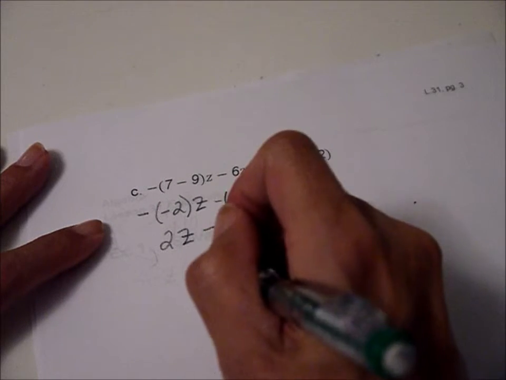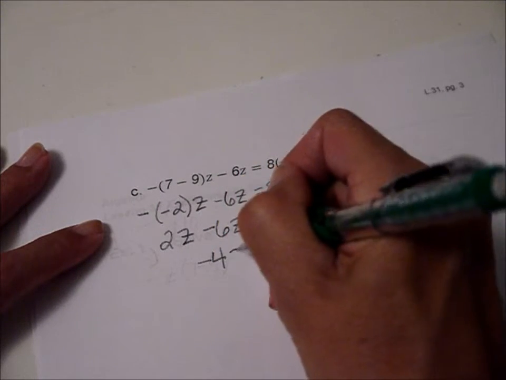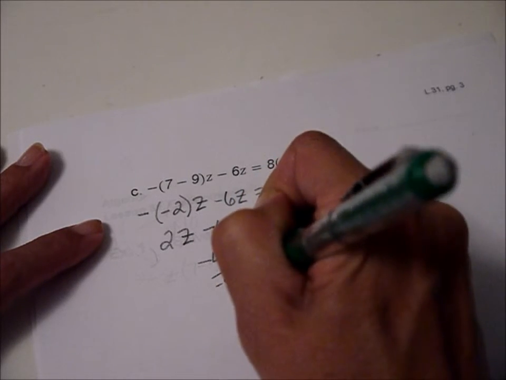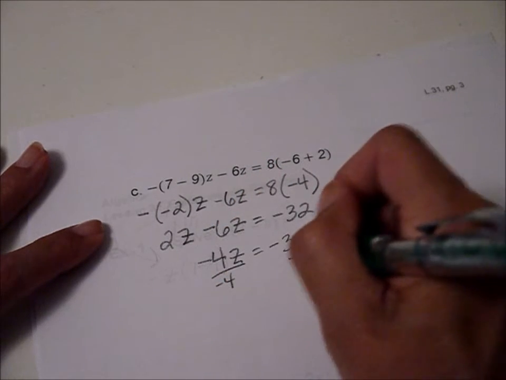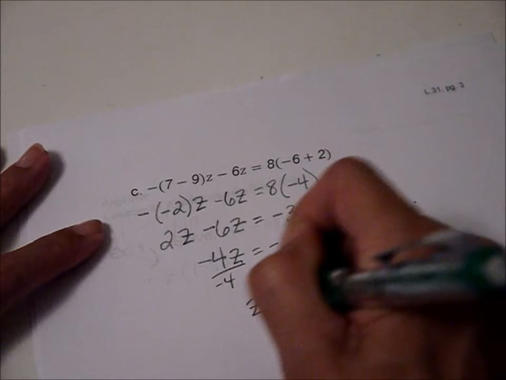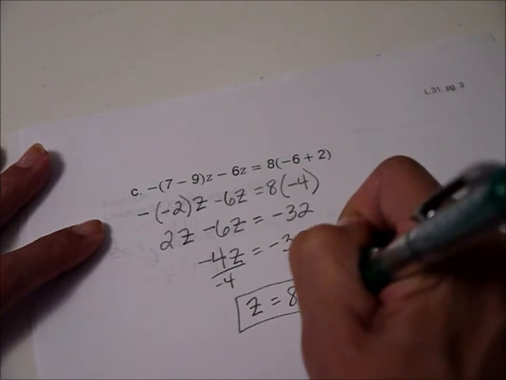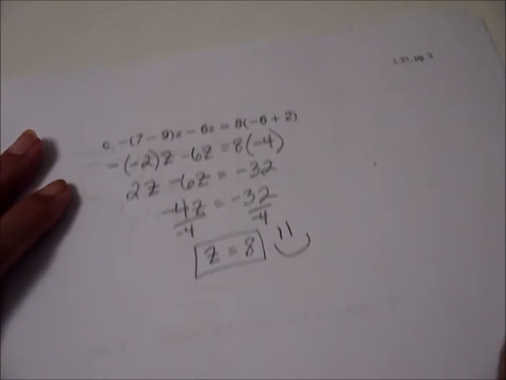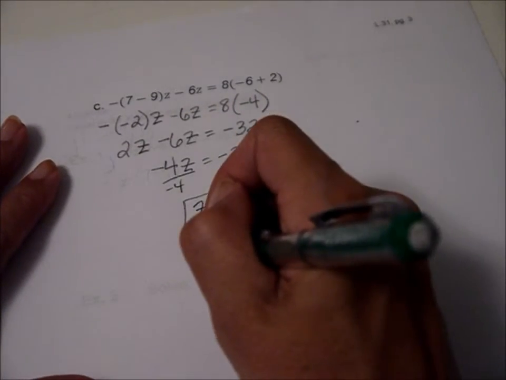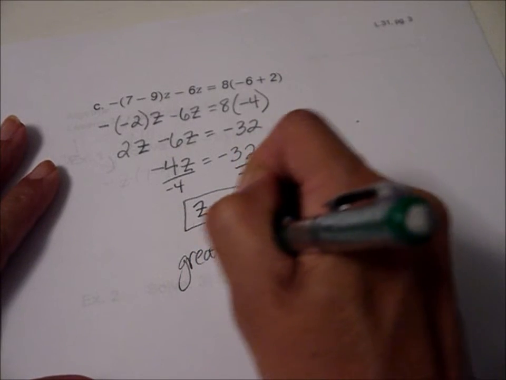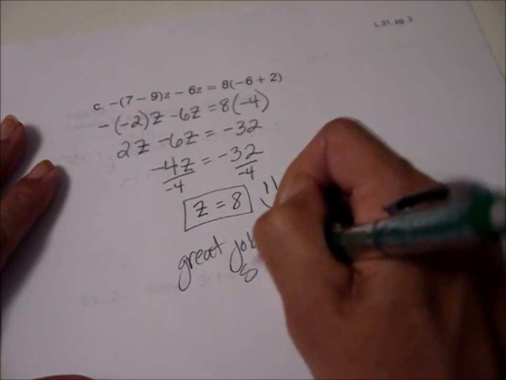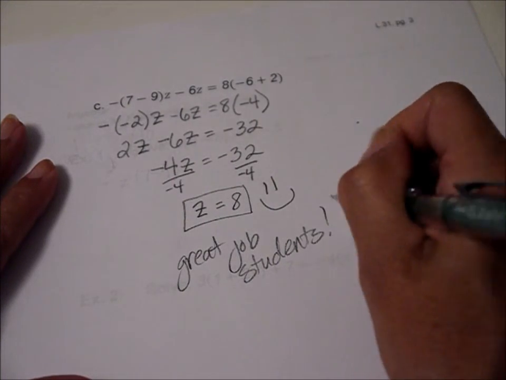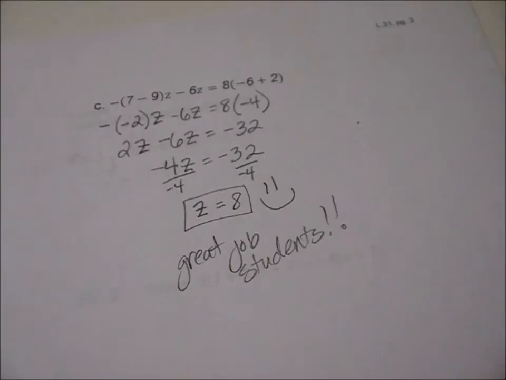When you have a negative in front of your parentheses, change those. When you have a negative in front of your parentheses, change those. When you have a negative in front of your parentheses, change the sign of everyone inside. Change that sign of everyone inside. Change the sign of all the ones inside. When there's a negative in front of your parentheses. When you have a negative in front of your parentheses, change the sign of everyone inside. Change that sign of everyone inside. Change the sign of all the ones inside. When there's a negative in front of your parentheses. When you have a negative in front of your parentheses, change those.